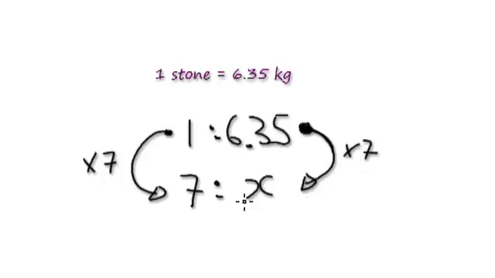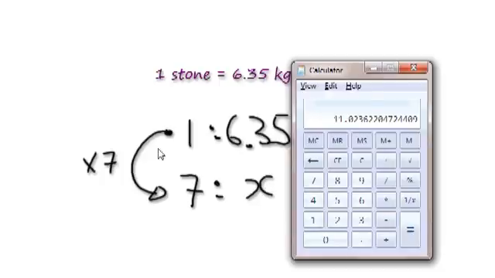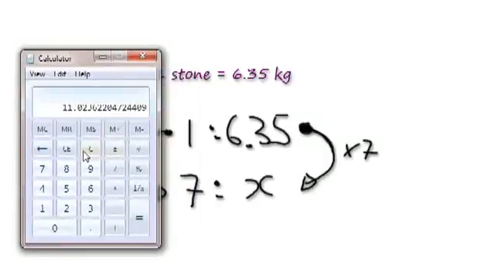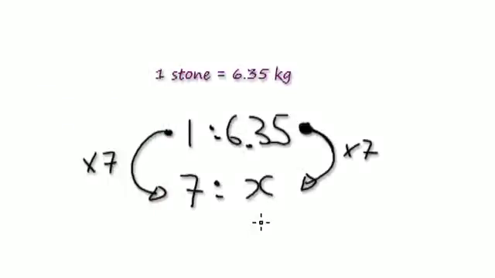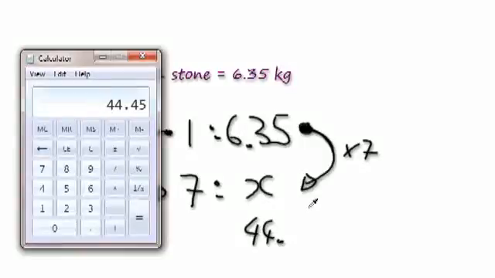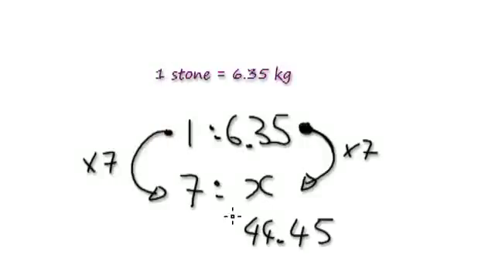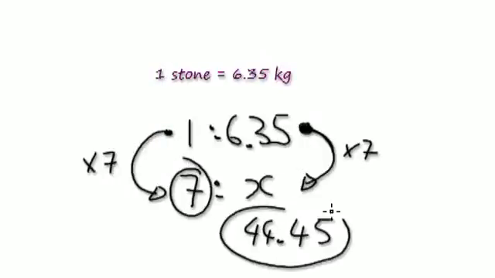So 6.35 times 7 equals 44.45. So 7 stones equals 44.45 kilograms.